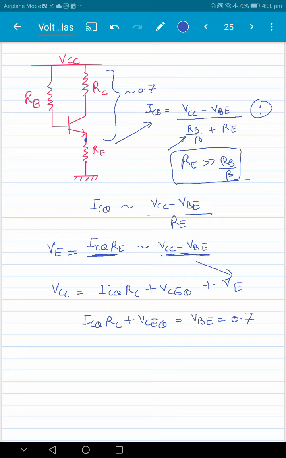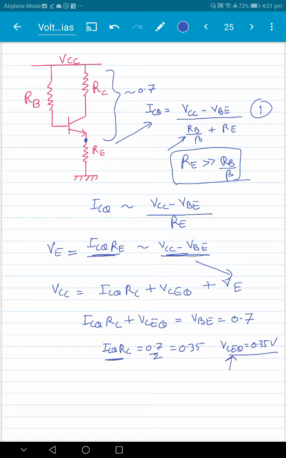And again, if we do biasing in the middle, then ICQ RC is 0.7 by 2, equal to 0.35, and VCEQ equal to 0.35, right? So VCEQ becomes very small, 0.35. So you hardly get any swing. VCQ is very close to VCE sat, and you get very little swing here. So that's the first problem.